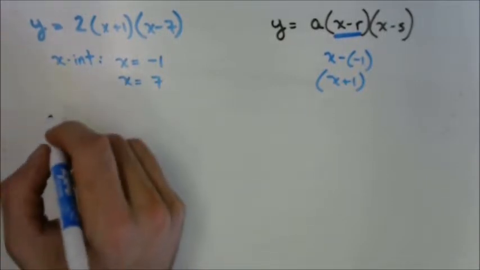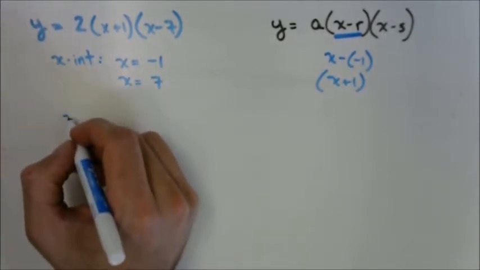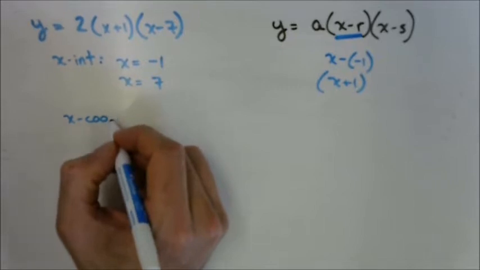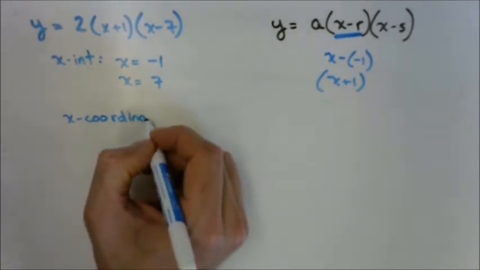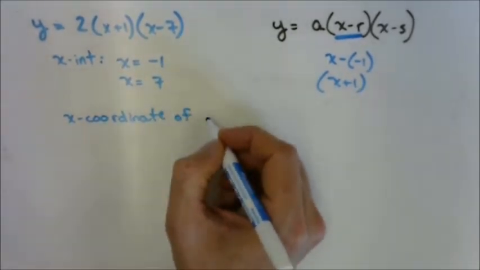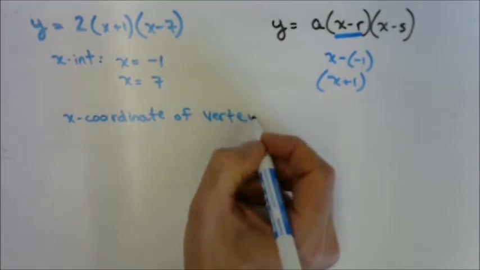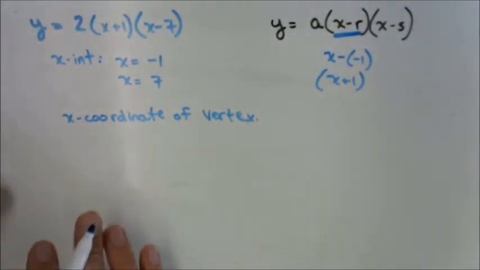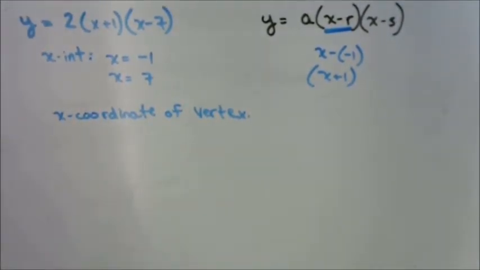Okay, let's find the x-coordinate of the vertex. What do I know about this parabola that's helpful? I know the x-intercepts.